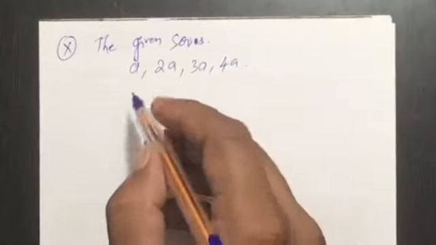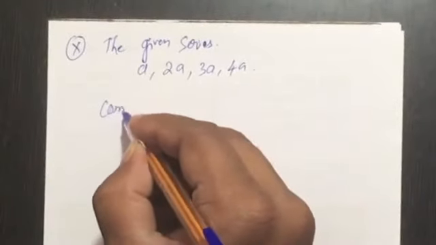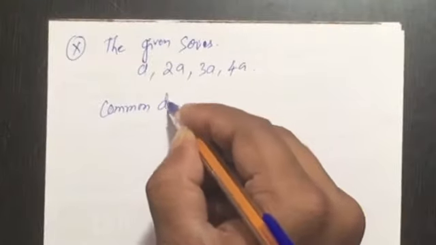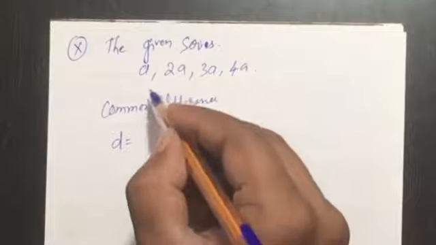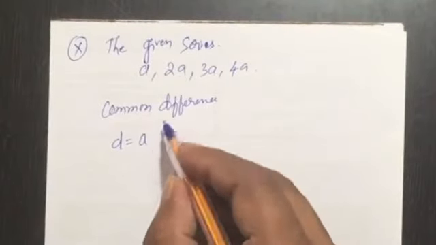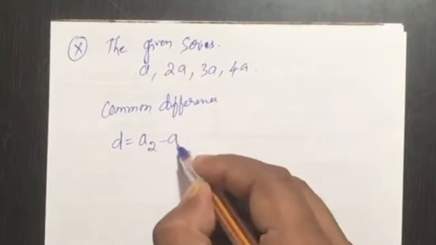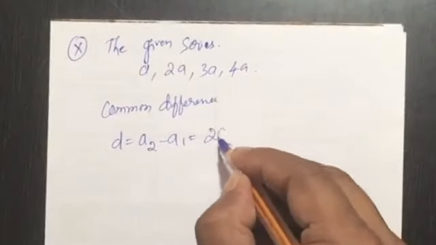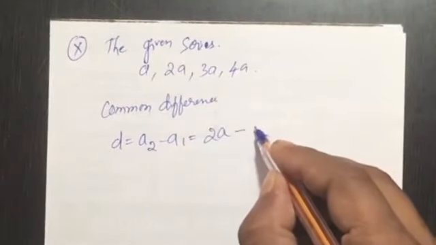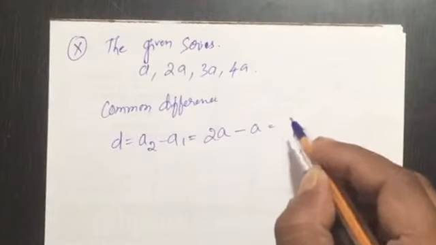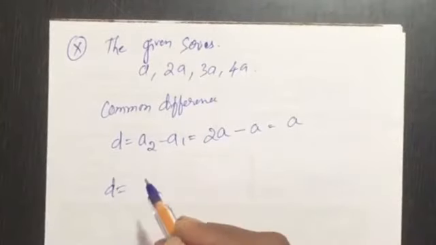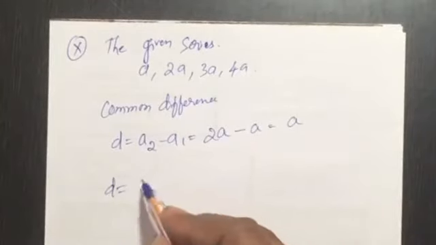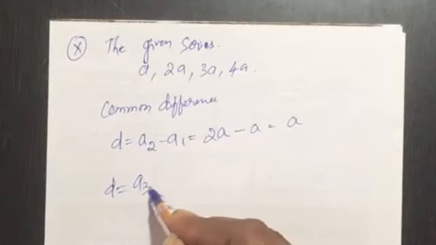So find the common difference. D is A2 minus A1. What is A2? 2A minus A, which is A. D is A3 minus A2.